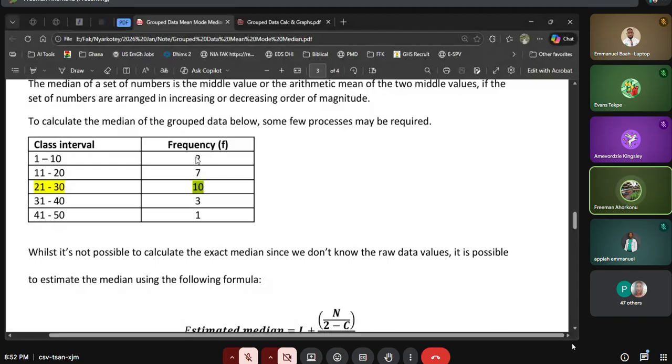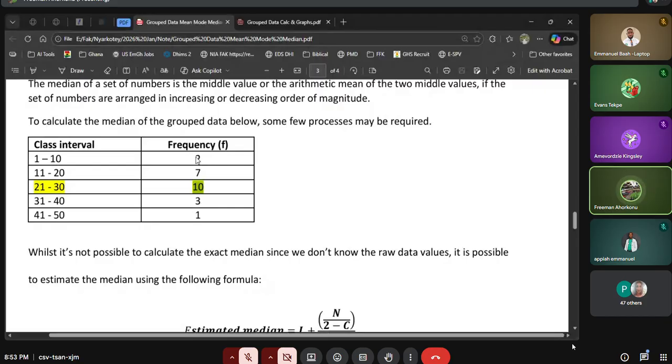So now we have all these things. We have our L, we have our N, we have our C, we have our F. You just put them in the formula and punch it on the calculator. You can input everything like this on the calculator and you are good to go.